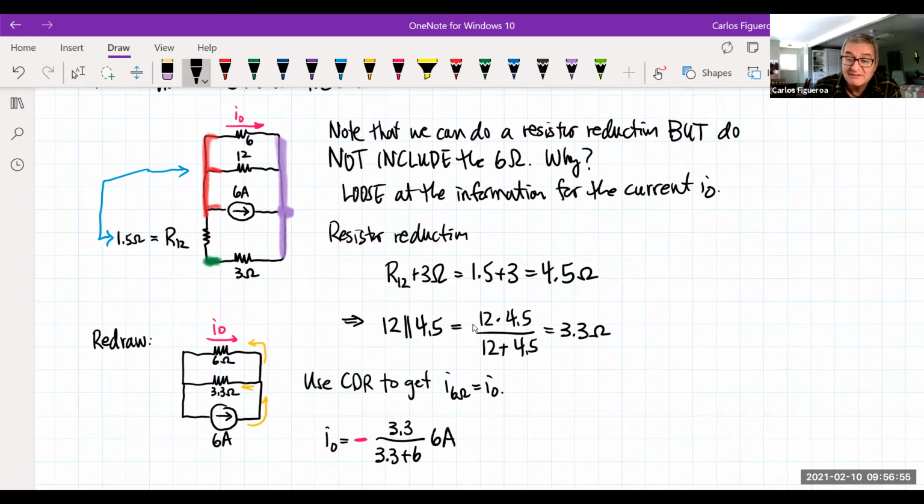So if you punch this in, what am I going to get? I'm going to get a value of 2.1 amps. Okay, let me be careful here. Minus 2.1 amps, and that gives me the current I naught.